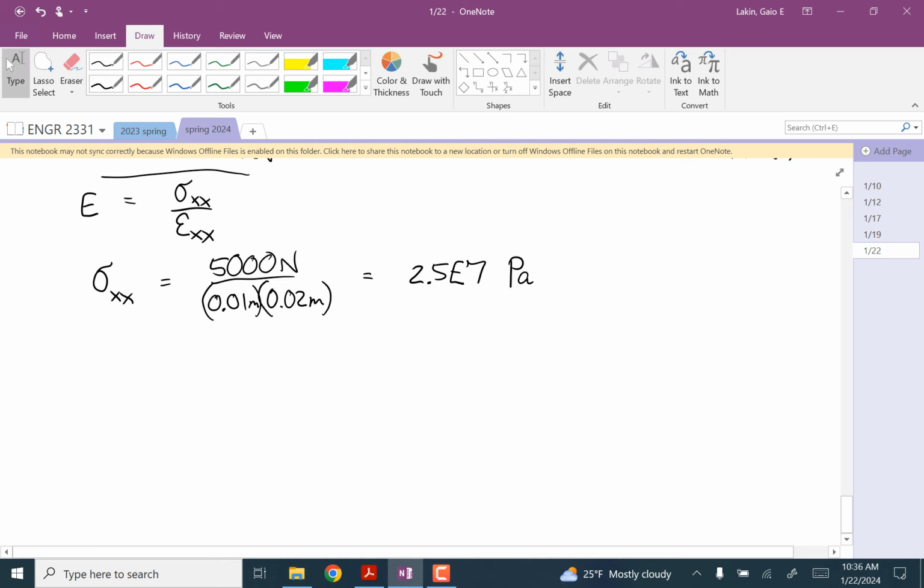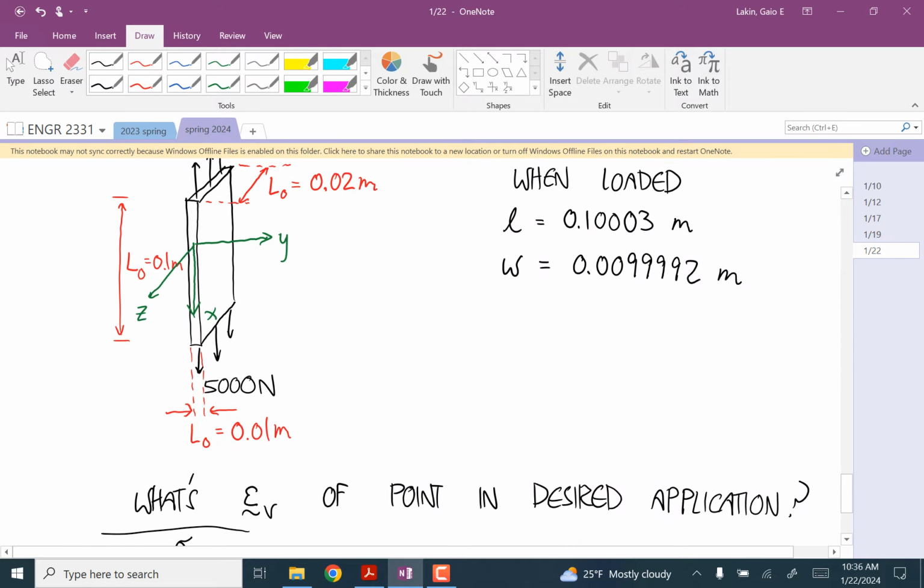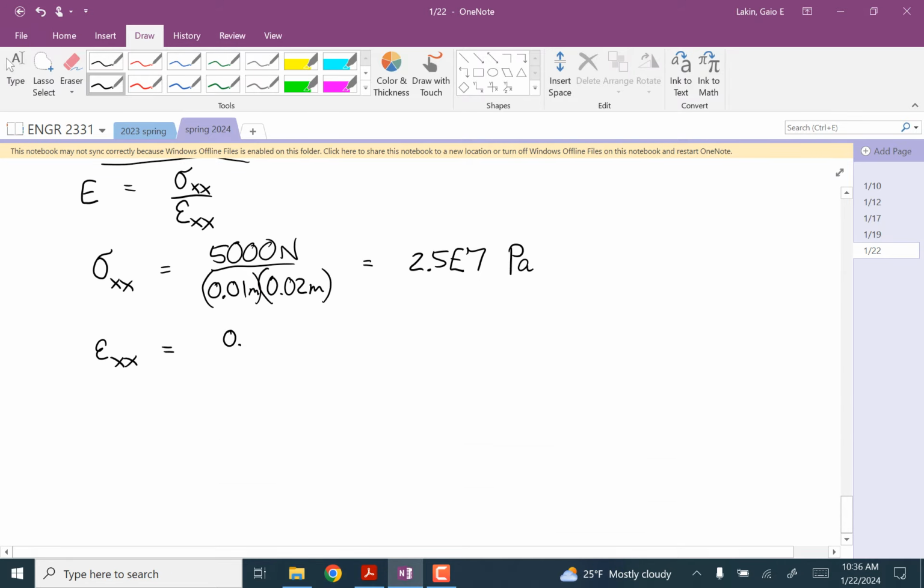And now we'll do the XX normal strain. Well, that is the deformed length, 0.10003 minus the undeformed length, divided by the undeformed length. And you get a value of 3.0 times 10 to the minus 4.